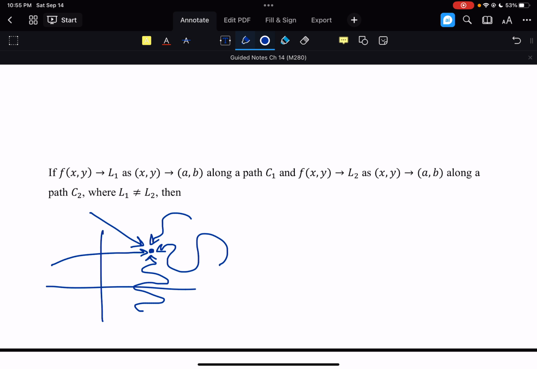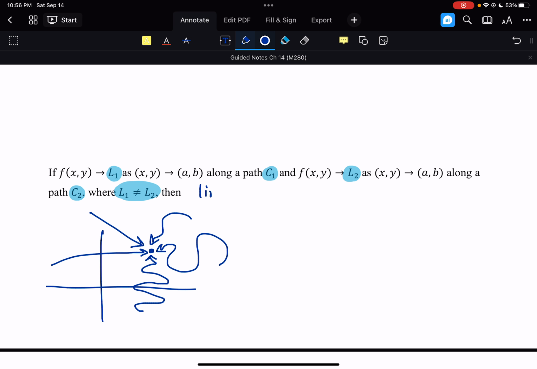So this makes finding the limit definitively harder on us. So this property right here says that if f of xy approaches L1 as we get closer to AB along a path C1, and we approach L2 along a path C2, and L1 and L2 are not equal, so we got one limit along one path, we got a different limit along a different path.